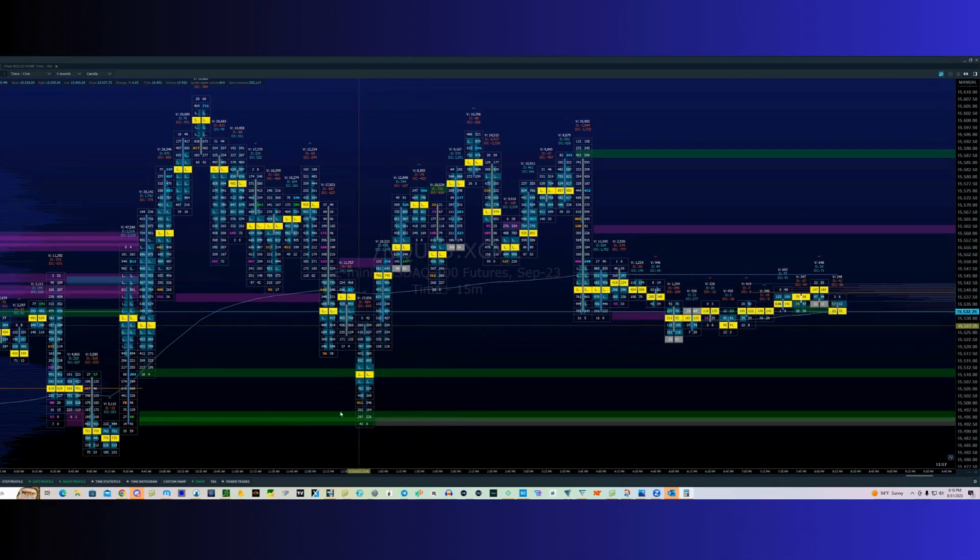So if we bounce here and we caught a bid there, and your trade plan is looking at this imbalance, and this one looks like it has a little more strength than this one here, I would think, okay, if I miss this move and I'm unsure about taking a short down here, but I am certain that if price comes back here I'm going to go long with a tight stop.